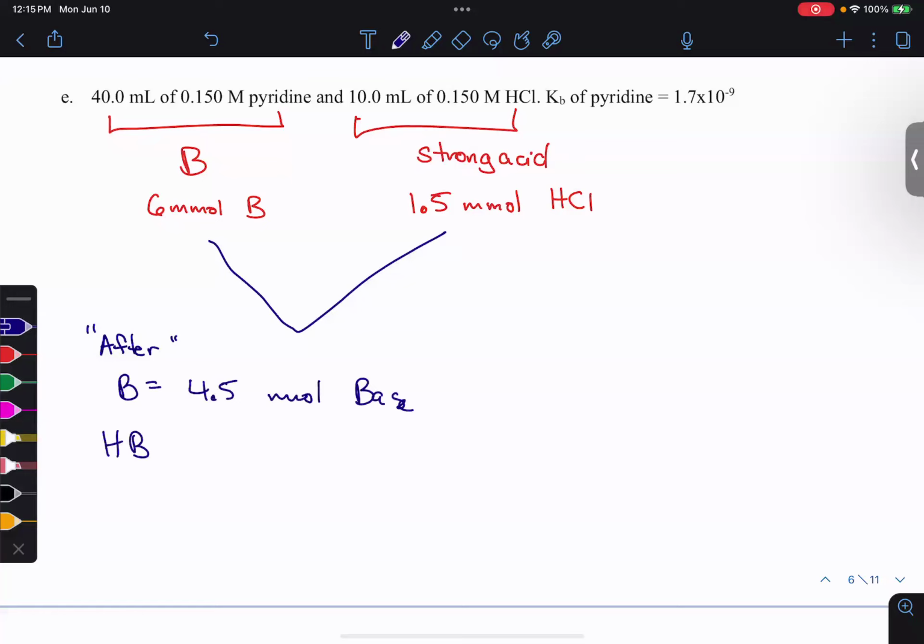In that process, I've converted all of that base that I've consumed with HCl to make its conjugate acid. So this is 1.5 millimoles of HB plus. When these two things react with one another, you consume 1.5 of this to make 1.5 of the conjugate acid. This is the ratio that you put into the Henderson-Hasselbalch equation.